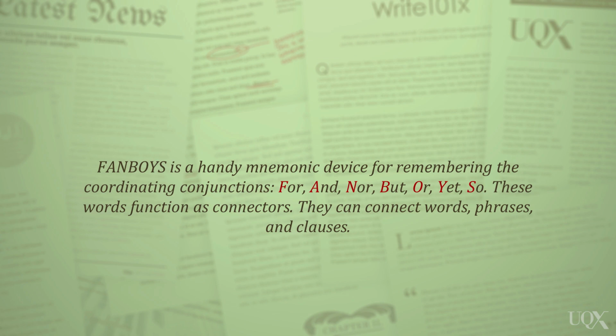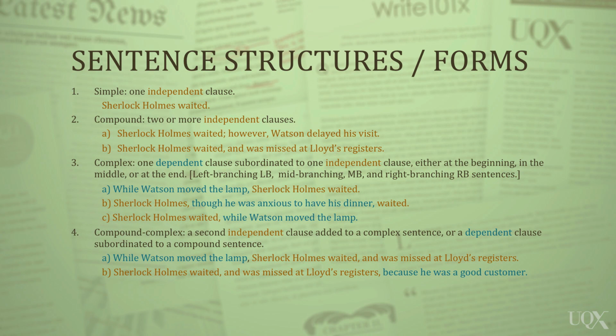When a comma is used in front of one of these conjunctions to introduce an independent clause, these conjunctions are called by the mnemonic the comma FANBOYS. Sherlock Holmes waited, however, Watson delayed his visit. Or, Sherlock Holmes waited and was missed at Lloyd's registers.